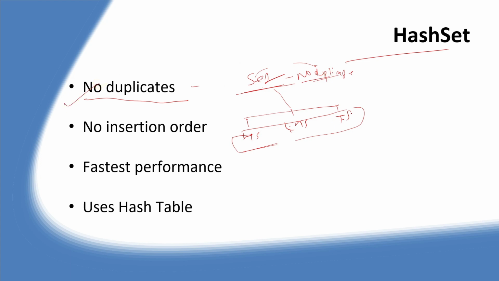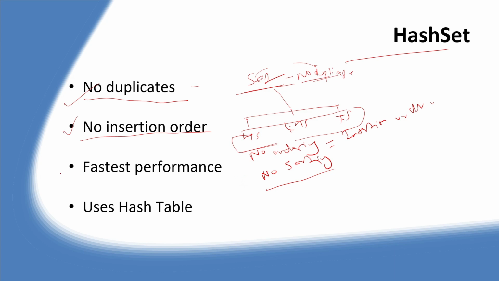And for HashSet, we have seen no ordering and no sorting. That means insertion order will not be maintained. The order in which elements are inserted will not be remembered by the HashSet. And no sorting. It will not provide any sorting. If you want it, you can do a custom sort by your own method.